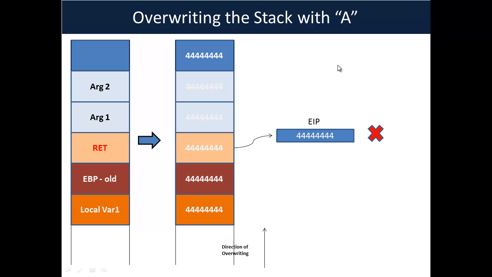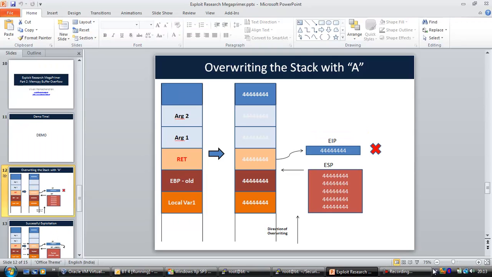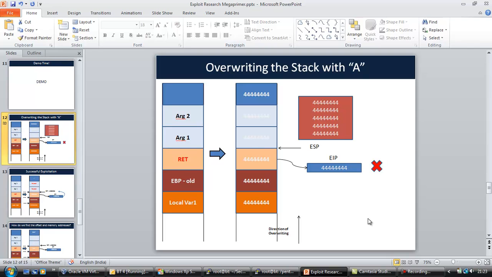Also importantly, as we found, ESP is pointing to a section which also contains a lot of the A characters which we have currently sent. So this is where we are currently. Now what you noticed is we've overwritten the entire stack. So let's look at how we can analyze this better.